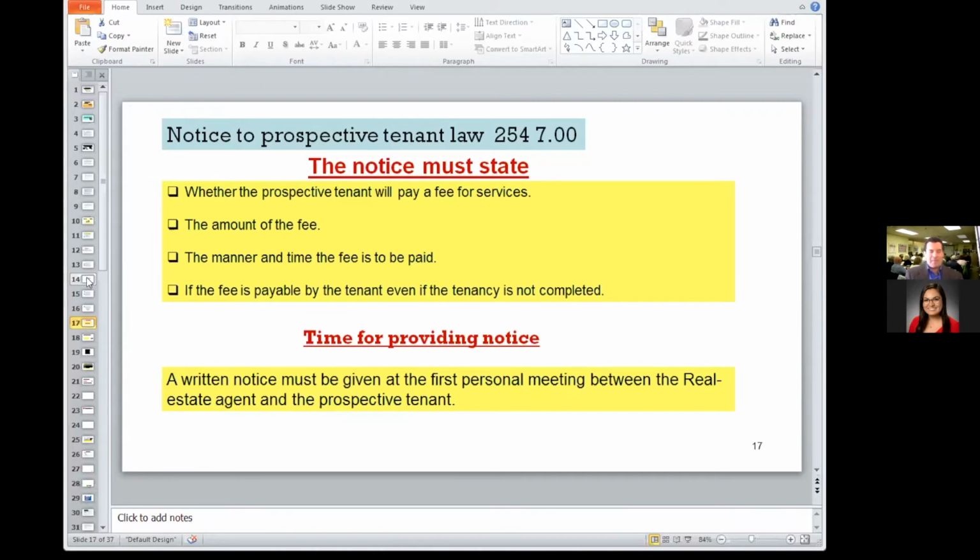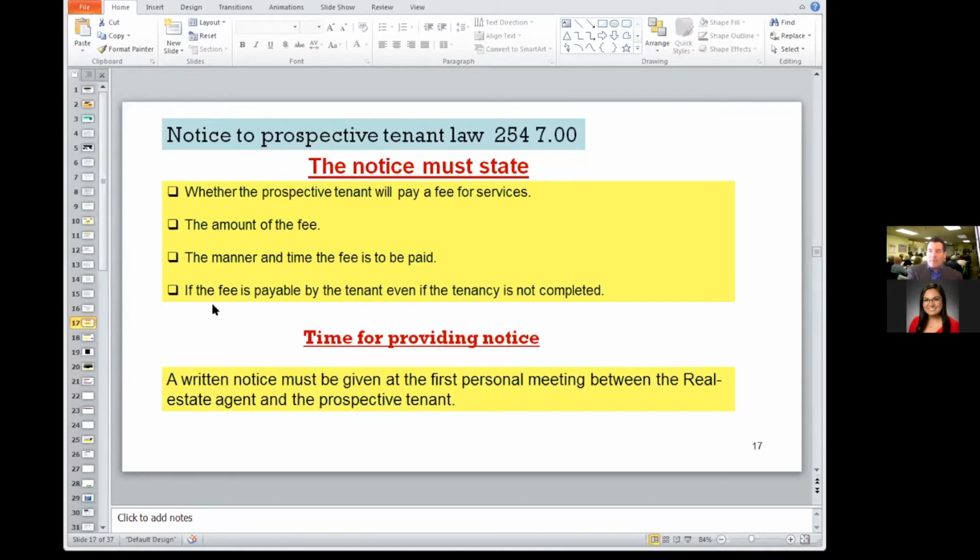If you don't plan on being paid by the tenant, then you don't need it anymore. But if you do use it, you have to make a form that answers these questions, like how much is the fee? When is the fee due?